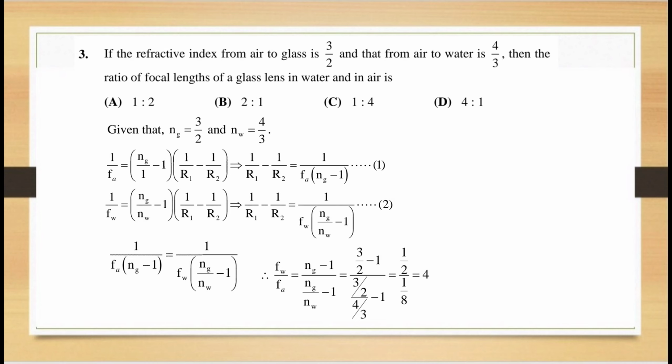Therefore, FW/FA equals (3/2 minus 1) by (3/2 by 4/3 minus 1), which equals 1/2 by 1/8, which equals 4/1. Therefore, ratio of focal length, that is FW is to FA, equals 4:1. So option D is correct.